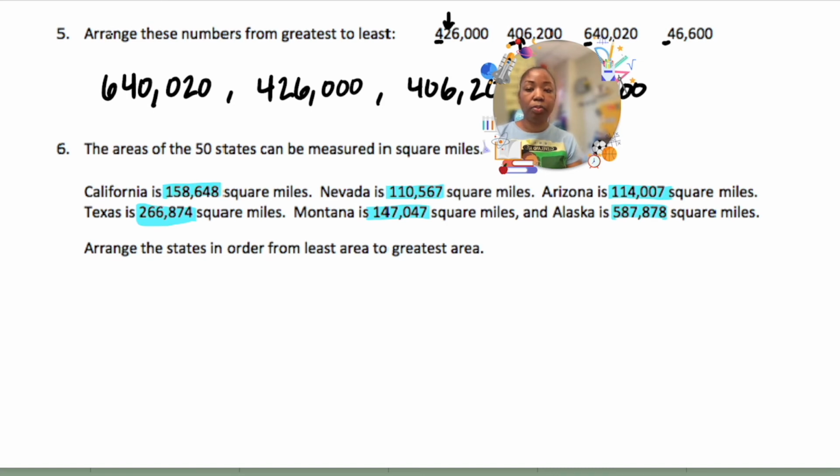So I'm going to put the state names. So all of these have 100,000s. So I'm looking for the smallest 100,000. We have 100,000, 100,000, 100,000, 200,000, 100,000, and 500,000. So a couple 100,000s. So we'll have to look at the 10,000s for those numbers. We have 5 10,000s, 1 10,000, another 1 10,000.